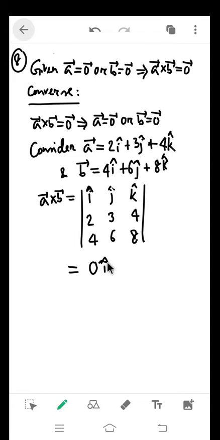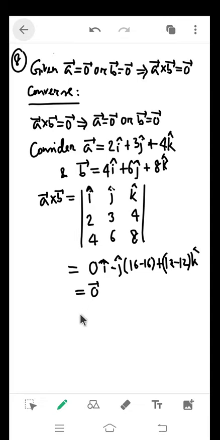This is 0 i. Then for the second one, minus j, how much will come? 16 minus 16, so this is also 0. Next, k: 12 minus 12, that is 0 k. So finally you have got a zero vector.